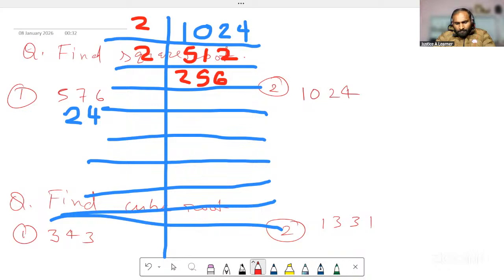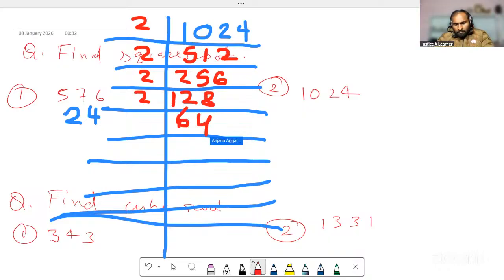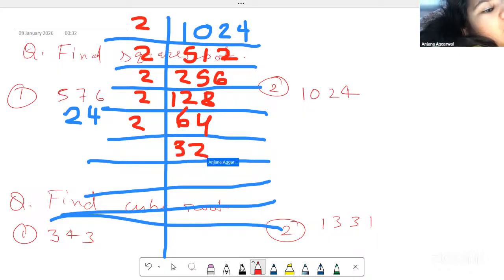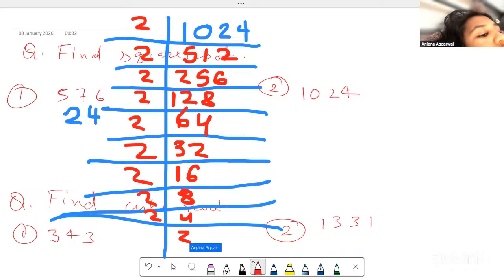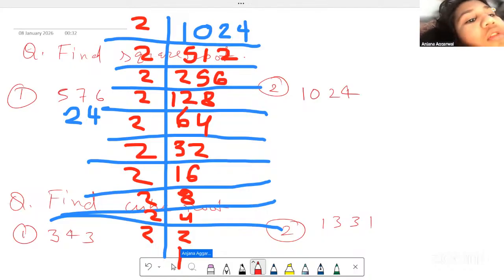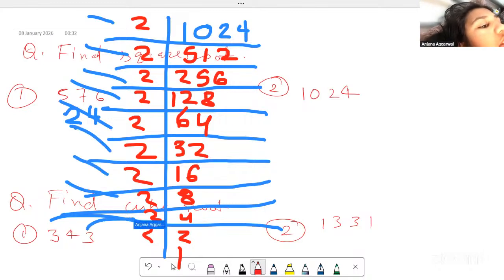Okay. 1, 2, 4, 1, 6, 8. 2, 4, 2, 3, 2, 2, 16, 2, 8, 2, 4. So we've got 1, 2, 3, 4, 5, 6, 7, 8, 9, 10. Now what do I do?